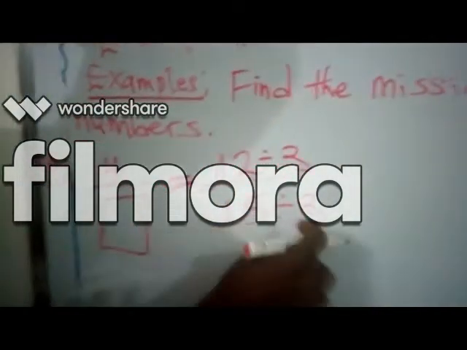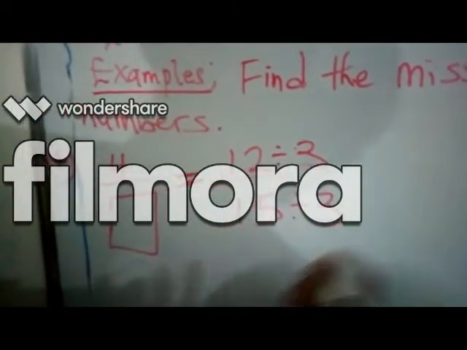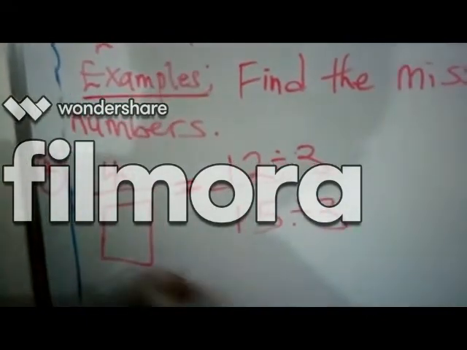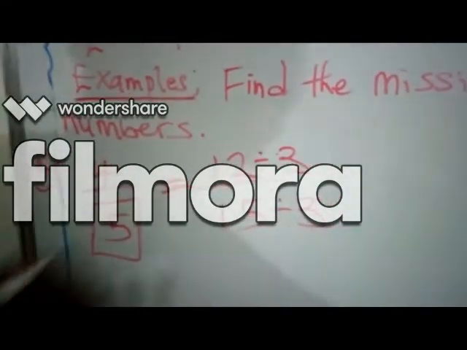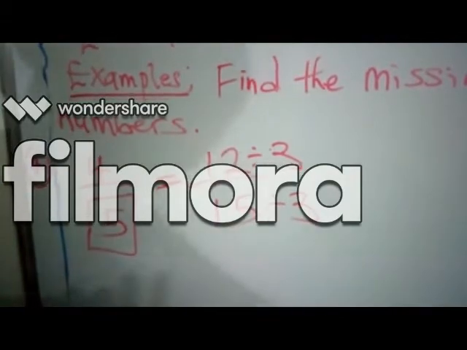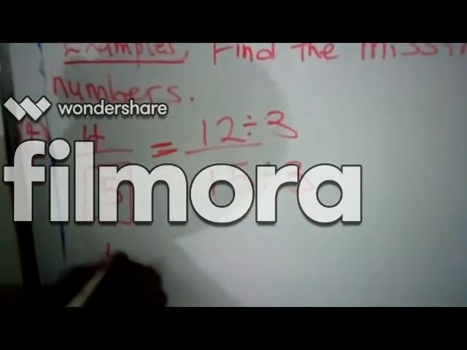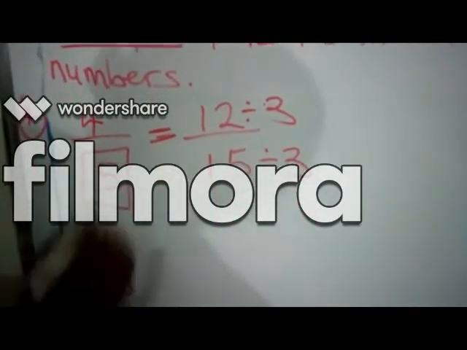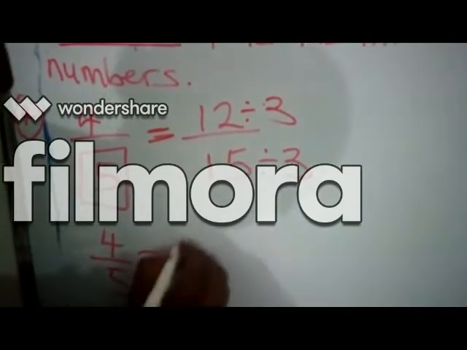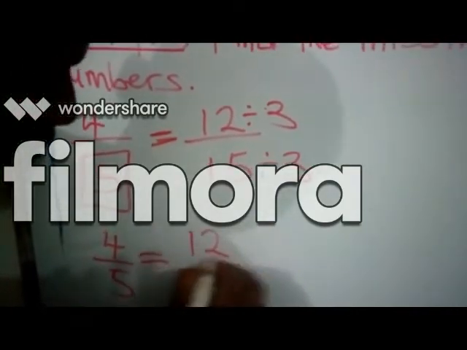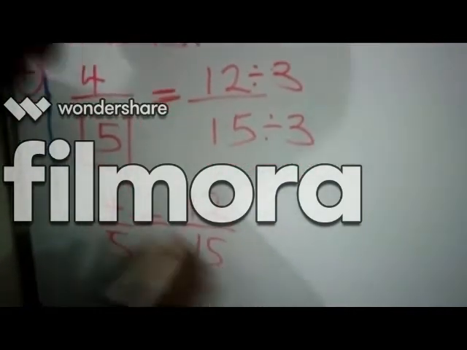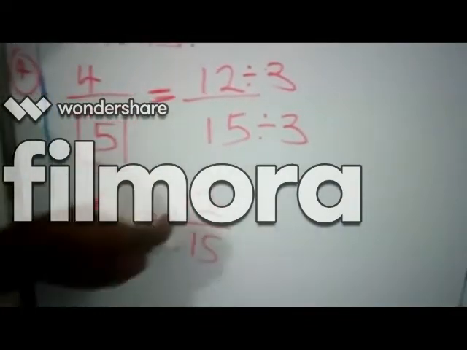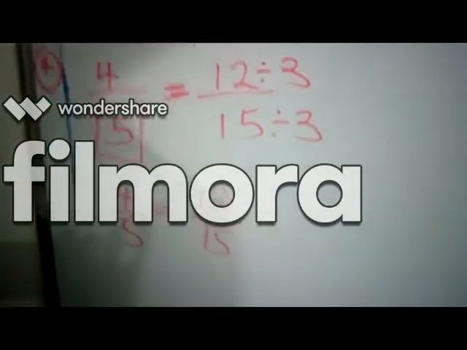Then 15 divided by 3. When you count 15, you circle it in 3s, it will give us 5. So now you can write out your answer and say 4 over 5 is the same as 12 over 15. It means 4 over 5 is equivalent to 12 over 15.